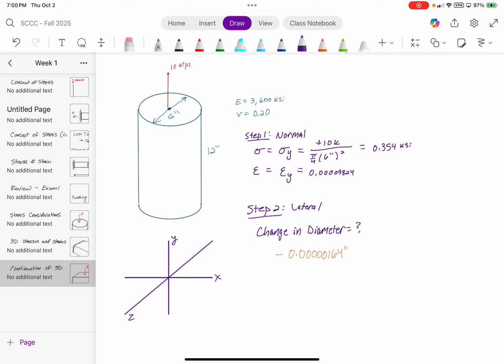How did you calculate the change in diameter? I found the change in the y first, so I took that number and multiplied it by 12 inches. What did you get for that answer? Five zeros, 819.